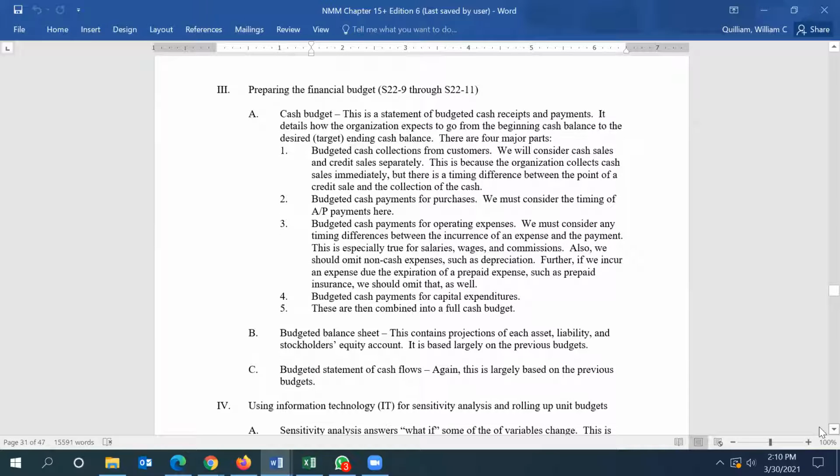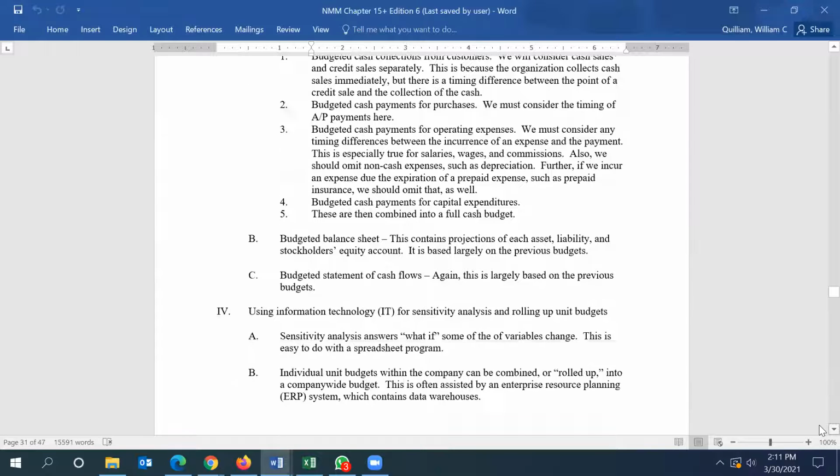Then we looked at preparing the financial budget. 3 problems on that. We had the cash budget. Again, getting the right number in the right place is the most difficult part. There are quite a few numbers there flowing about. And if I did not do something such as a budget balance sheet or budget statement of cash flows, don't worry, you're not responsible for it.